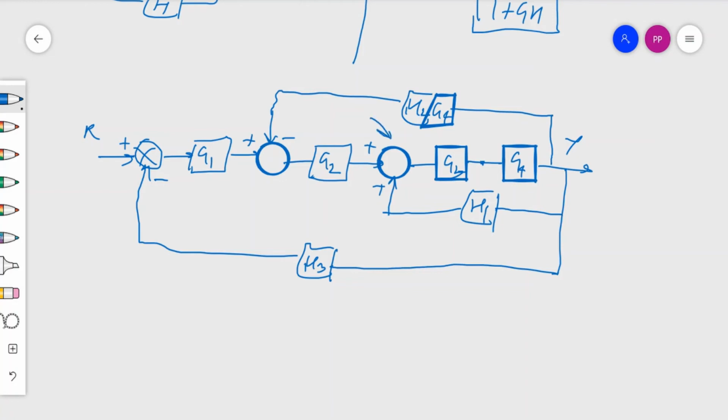From this summing point, we can find that this is a positive feedback system. So if this is a positive feedback system, then we can modify this portion.